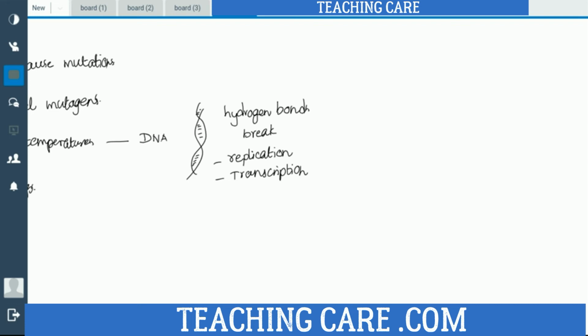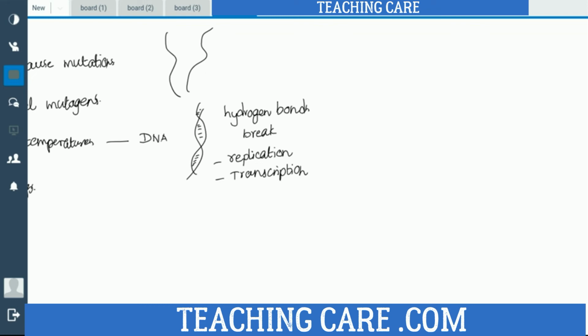Suppose the hydrogen bonds are broken, then the DNA will not be like this, it will be like this. If it is like this, the process may not take place properly.